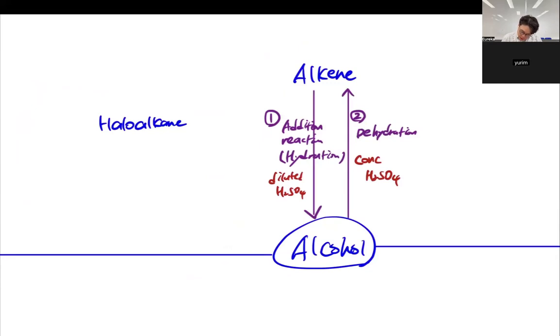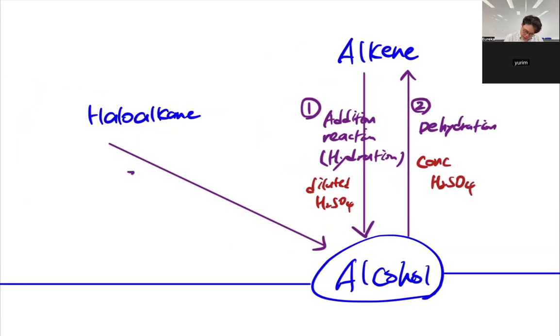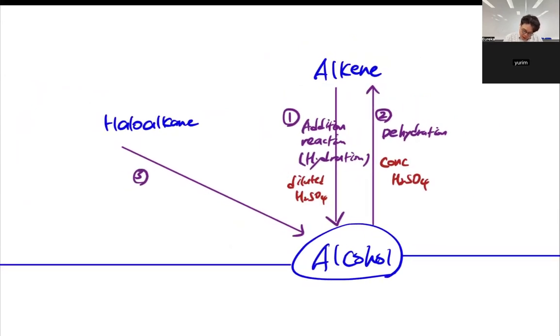But from the haloalkane, we can move on to the alcohols. We can actually produce the alcohol from haloalkane like this, in a process known as reaction 3, known as substitution.